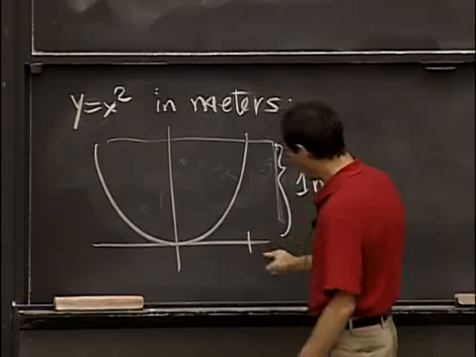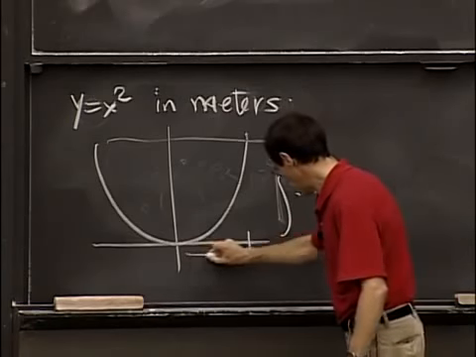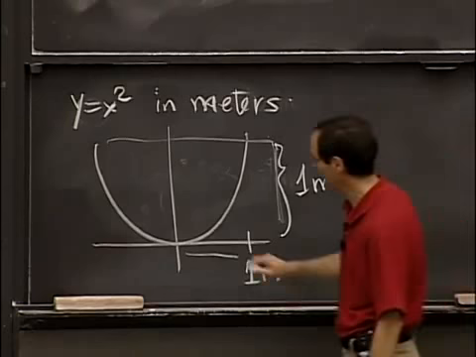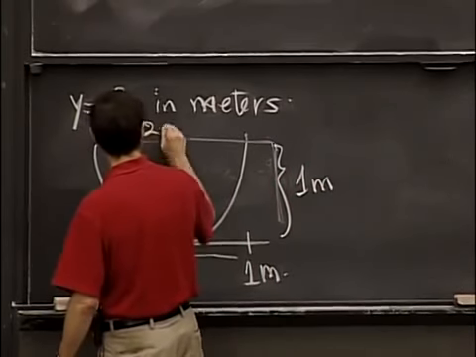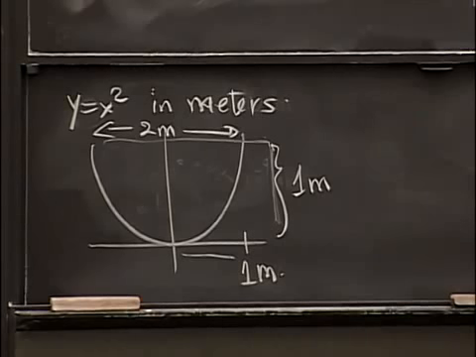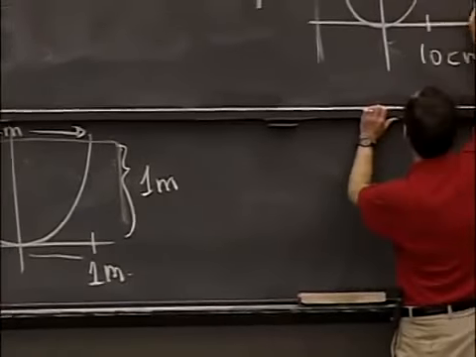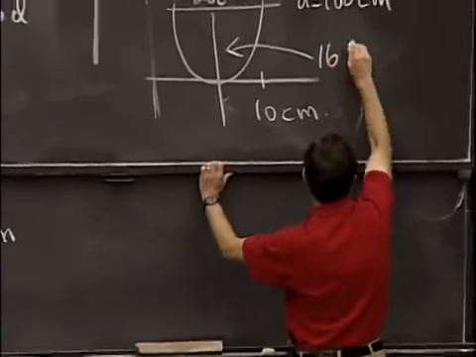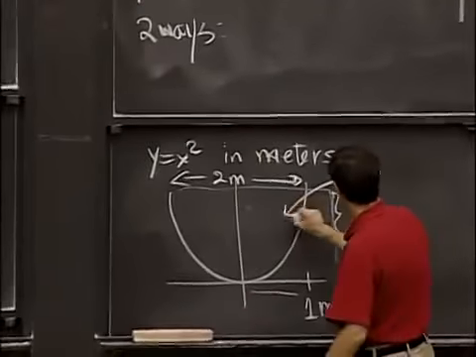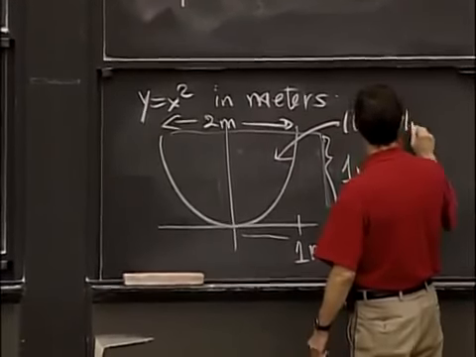And then the square root of 1 is 1. So this distance here is also 1 meter. And the top is 2 meters. All right? Now, it's not that crazy, and in fact, it's easy to check that it's pretty reasonable in terms of scale, that this thing has 16 liters in it, and this guy has 1,600 liters in it.